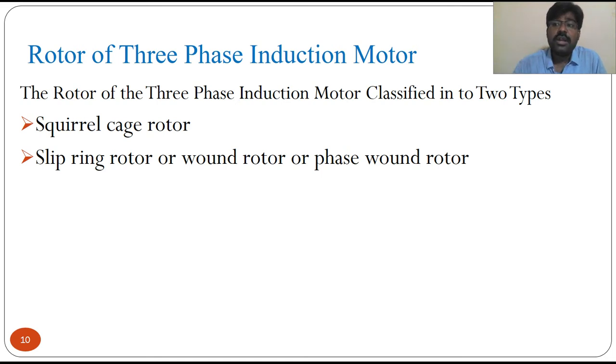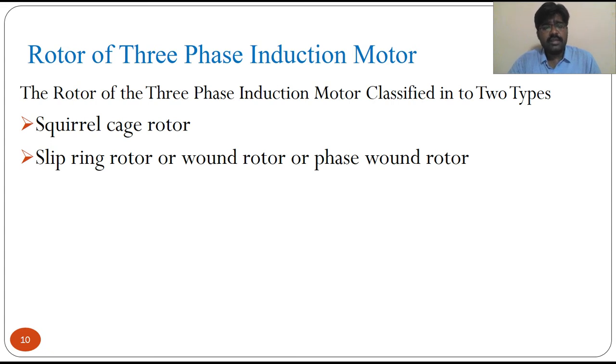Depending upon the type of rotor we use inside the induction motor, it is classified into two types. If we use a squirrel cage rotor inside the induction motor, then it becomes a squirrel cage induction motor. If we use a slip ring rotor inside the induction motor, then it is called a slip ring induction motor. So this is how the classification of induction motors has been done.